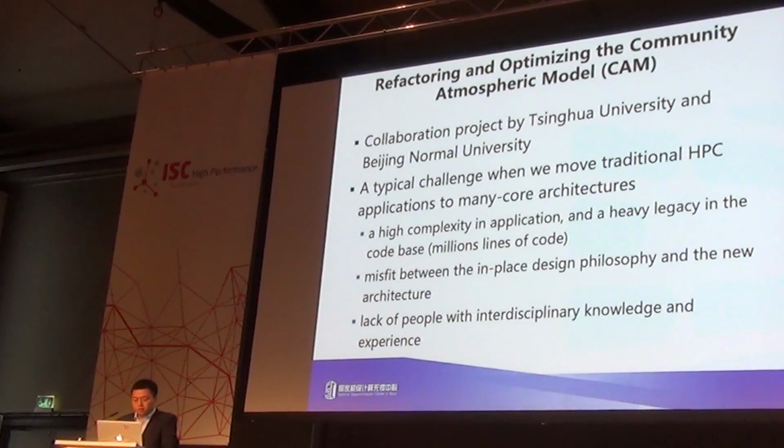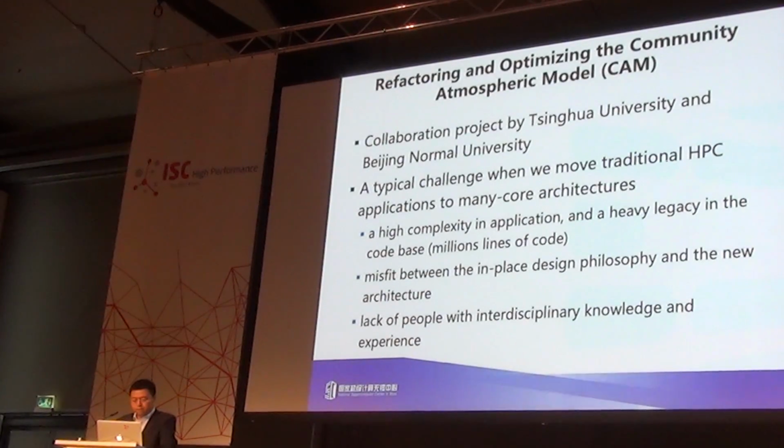So this one is a collaboration project by Tsinghua University and Beijing Normal University. Now we decided to do this project because we see this is a very typical challenge that we would face when we try to move some of the traditional HPC applications onto the new many-core architectures.